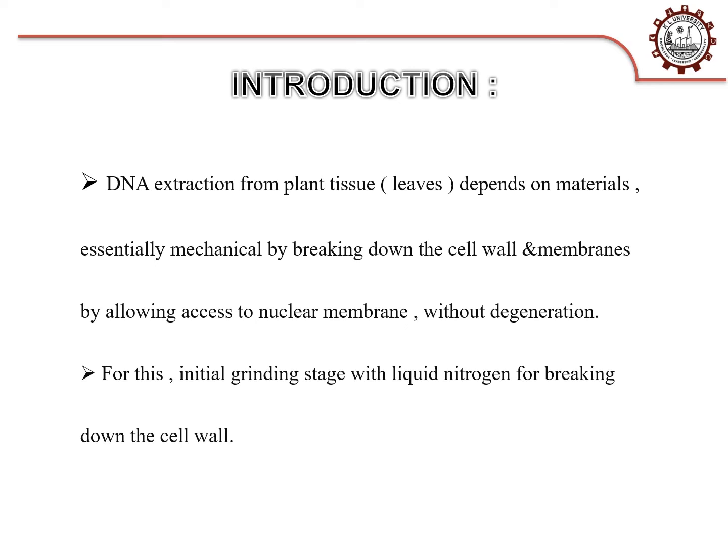Coming to the introduction, DNA extraction from plant tissues is essentially mechanical, breaking down the cell wall and membranes, allowing access to the nuclear membrane without degeneration. For this, an initial grinding stage with liquid nitrogen for breaking down the cell wall is needed.